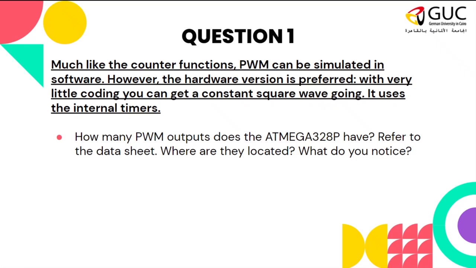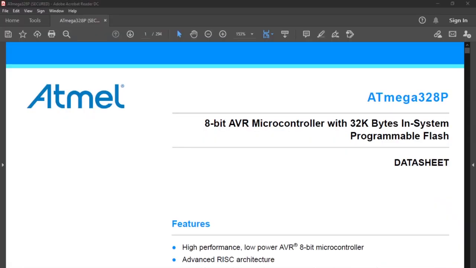This concept is present in all the microcontrollers and all the boards that we might tackle in the future, so it's going to be easy to know how to read the datasheet and how to extract data from it. That's why we will be using it to extract the number of PWM channels and where they are located on the board. Now we are going to work with the Atmega datasheet as shown here.